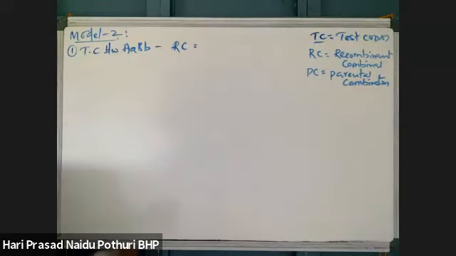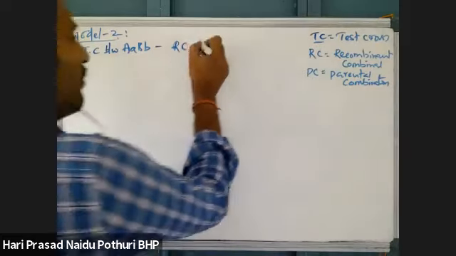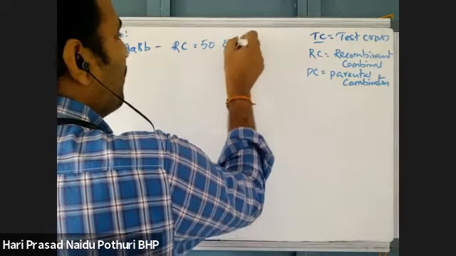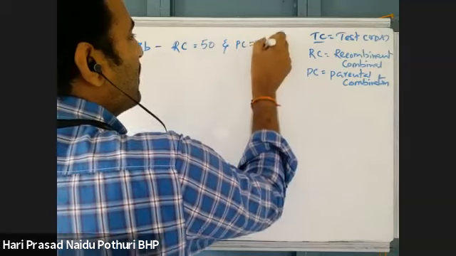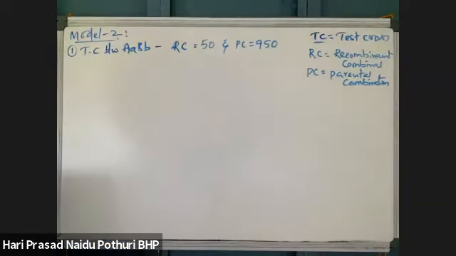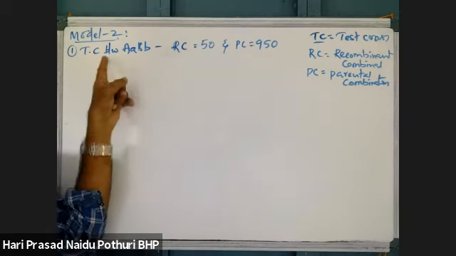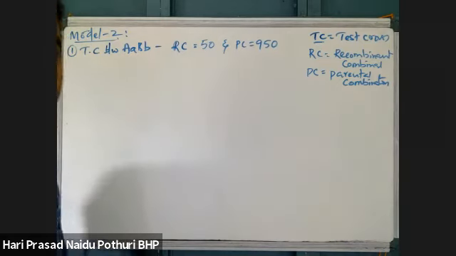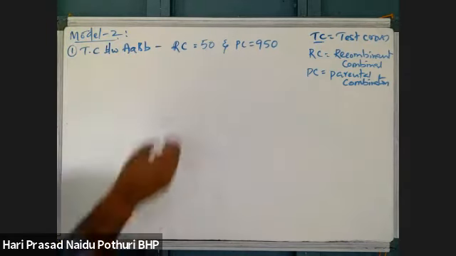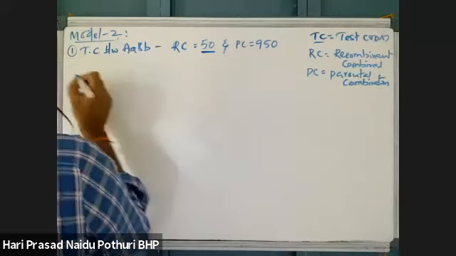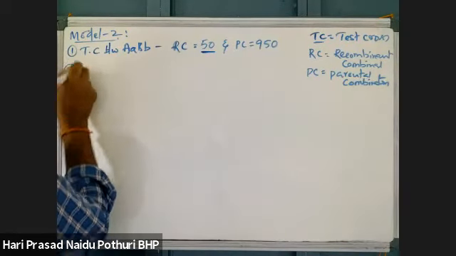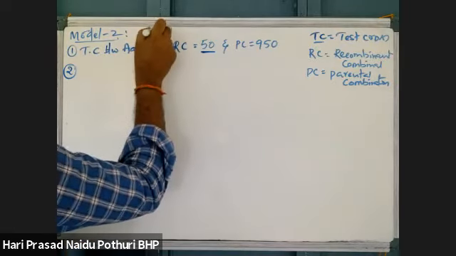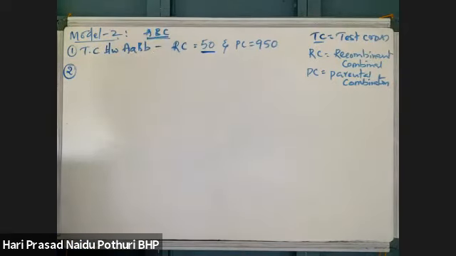He found that recombinants are 50 and parental combinations are 950. When a test cross is conducted between capital A small a, capital B small b with recessive parents, there is formation of 50 recombinants and 950 parental combinations.